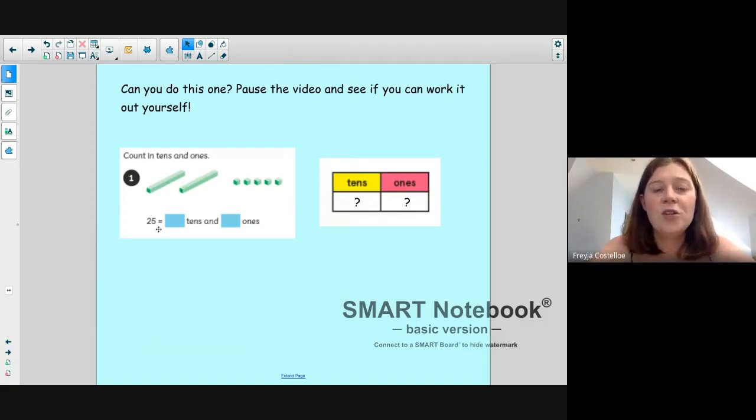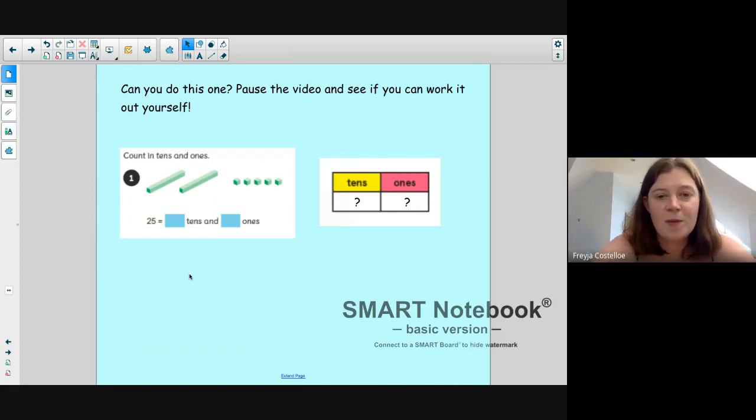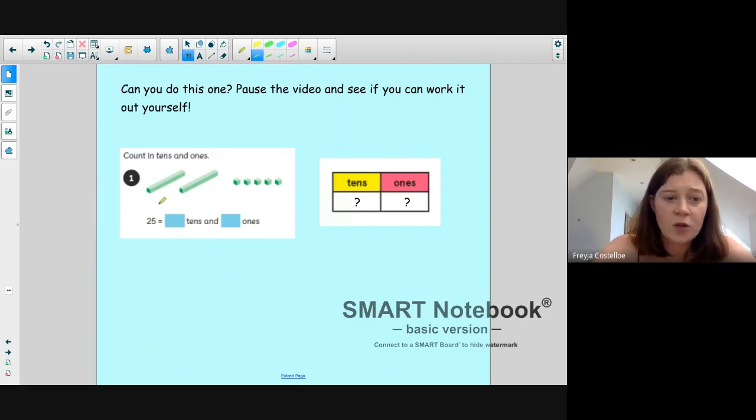Right, can you do this one yourself? Pause the video and see if you can work it out. Okay, I hope you've worked this one out. We're going to do it together quickly now. So have a look at my tens and ones here. How many tens do I have? I have got 1, 2. 2 tens.